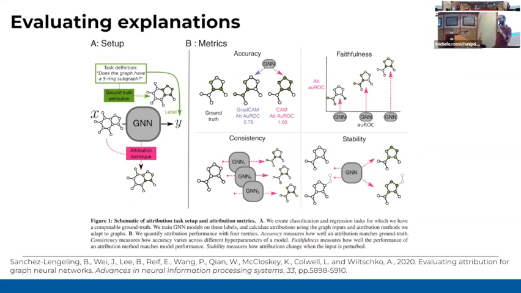I'd like to mention something here, which is that we actually still have a huge problem. I will show you many different methods that you can use to explain a graph neural network in this formulation. But if you try to use them, you will immediately face a problem which is still open: at some point, if you have 10 different explanation methods, you need to decide which method is the better one.